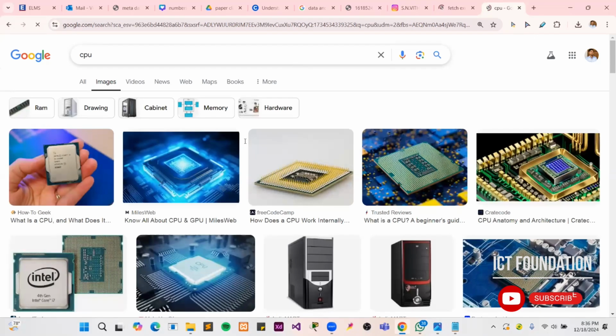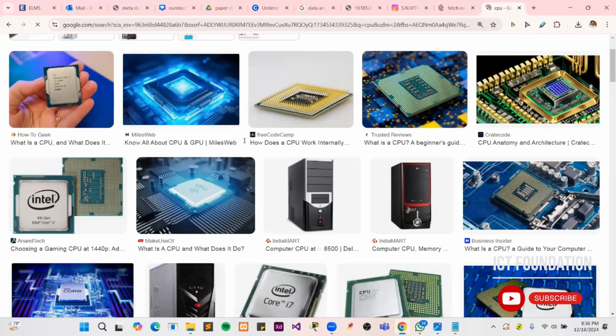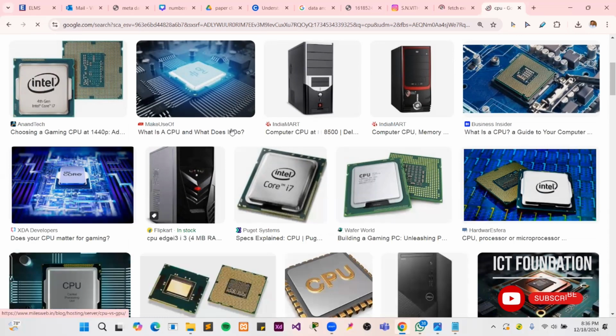And Apple also produces CPUs, the Apple Bionic chip, M1, M2, like that. Up to M4 chips are available, still 2024, right? So this is a CPU, the part controlling the computer system.